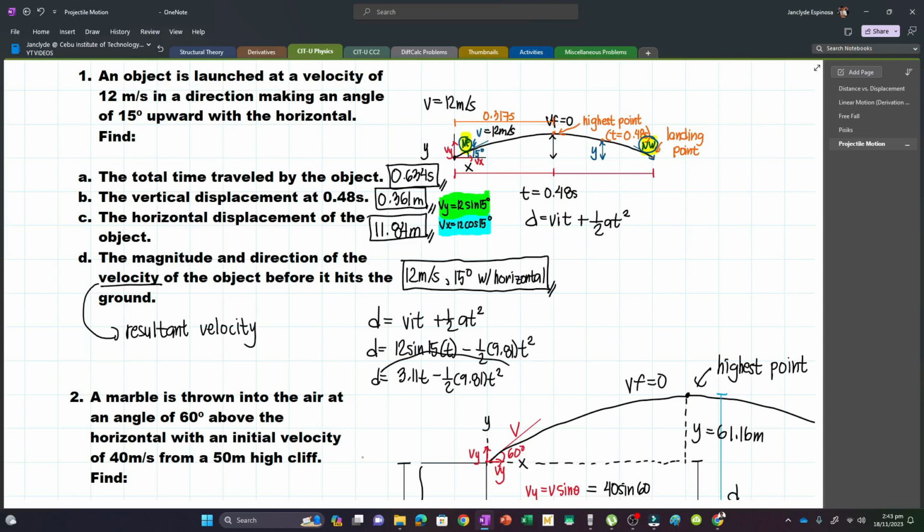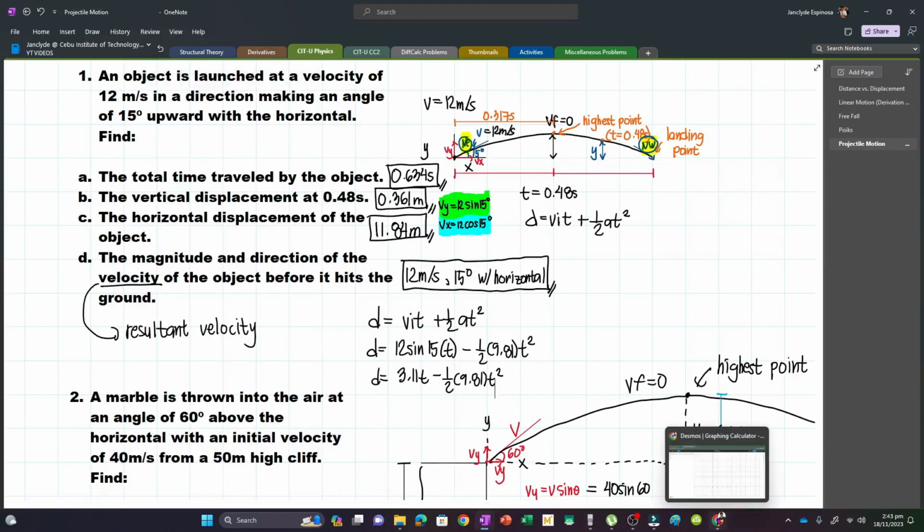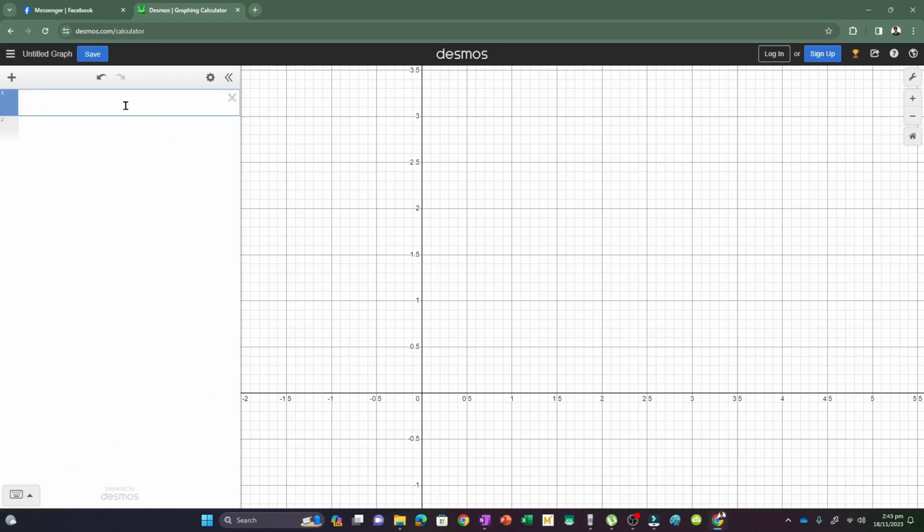So let's try to input it in the graphing calculator. Let's model that equation: y is equal to 3.11t, and we replace t with x.